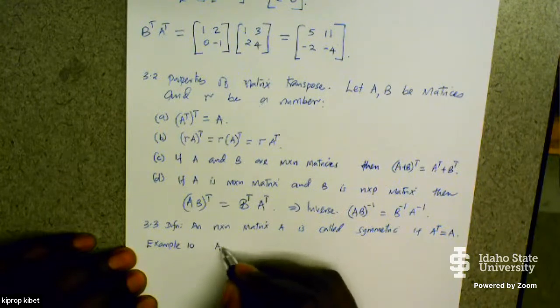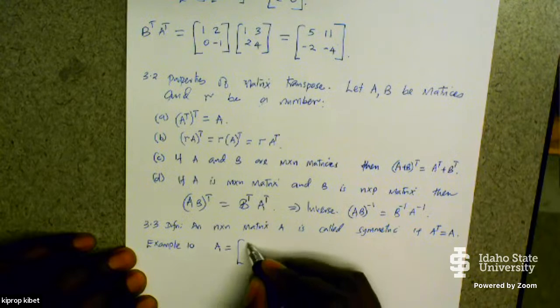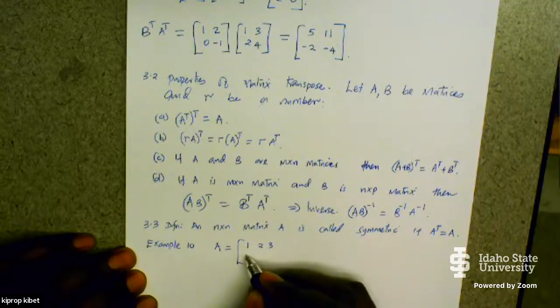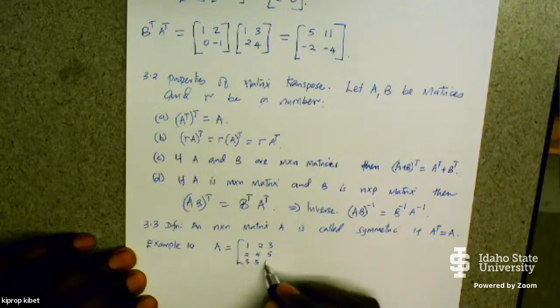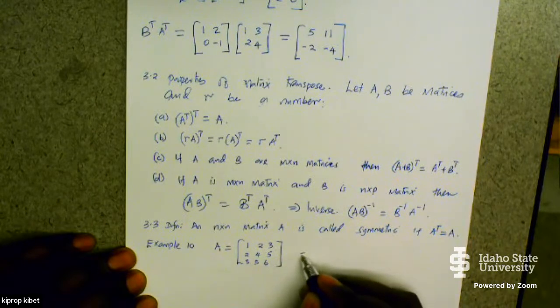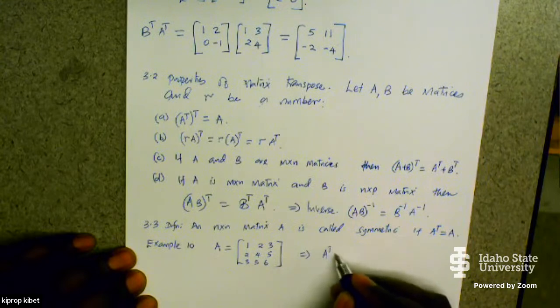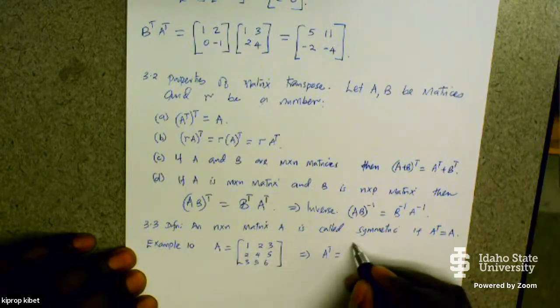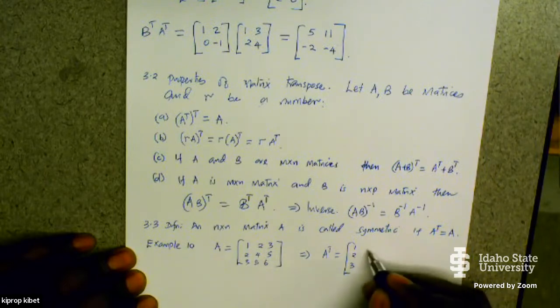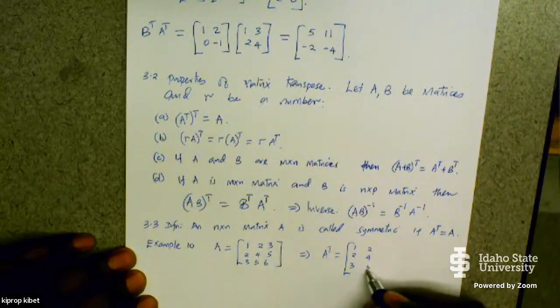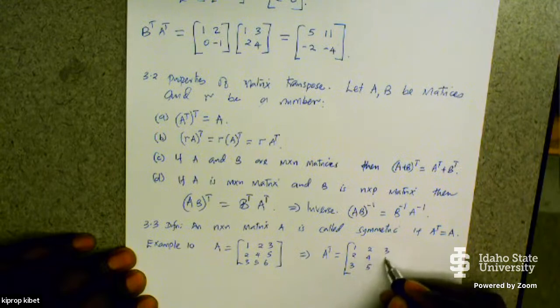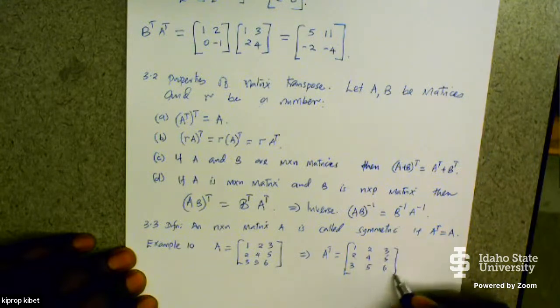If we have A equals 1, 2, 3, 2, 4, 5, and 3, 5, 6, then A transpose equals, we transpose this. Interchange the rows. 1, 2, 3, 2, 4, 5, 3, 5, 6. And they are the same.